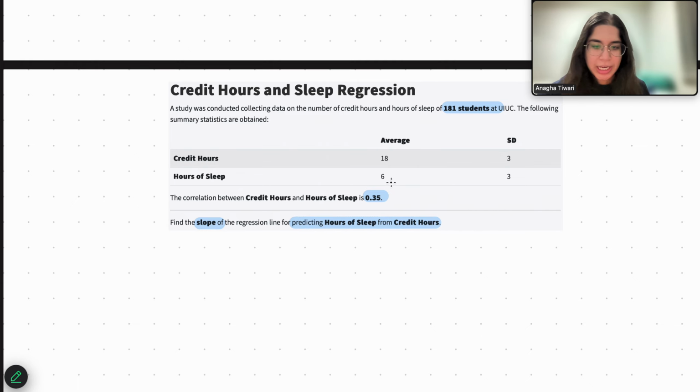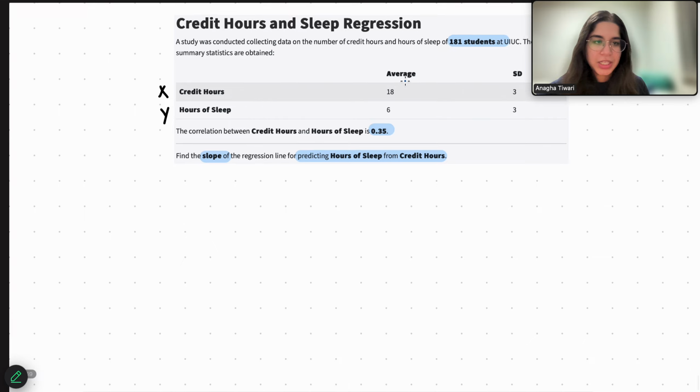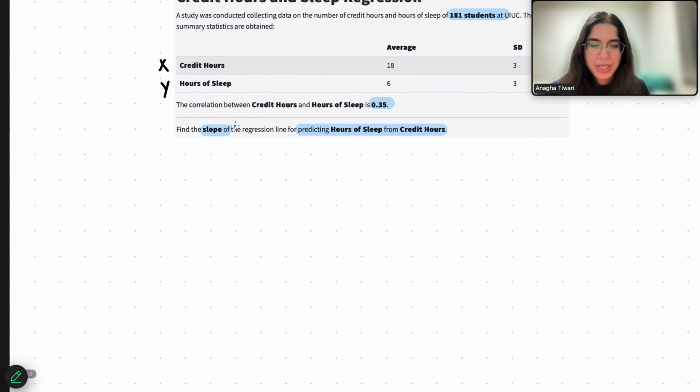So this is kind of the key statement. We are predicting hours of sleep, meaning that hours of sleep is our dependent y variable and credit hours is our x or independent variable. So the first thing we want to do here is write out our formula. What are we even trying to find?